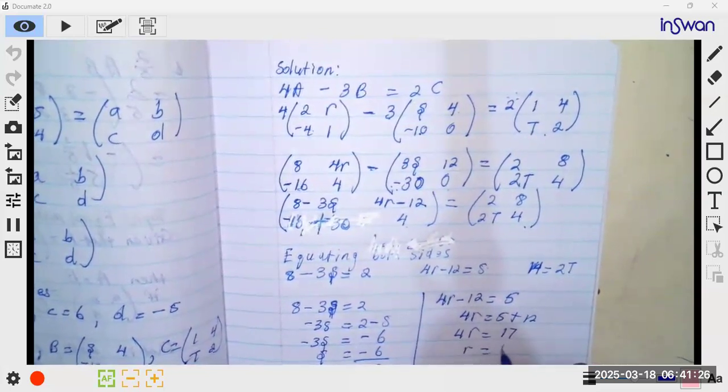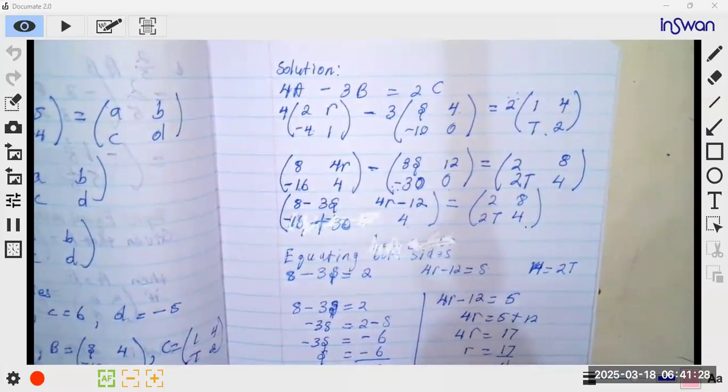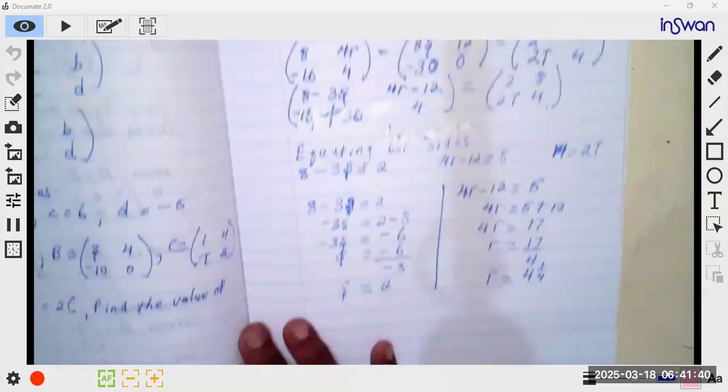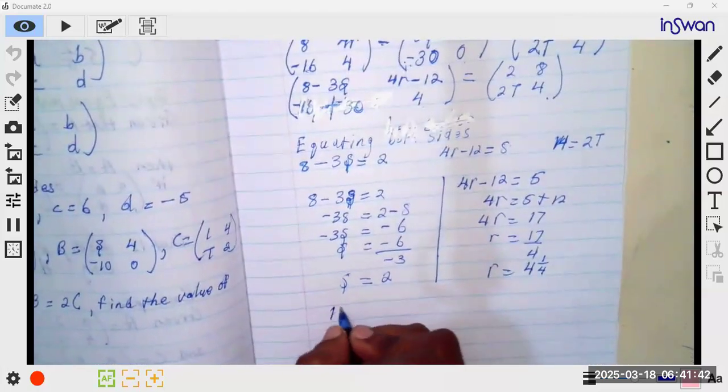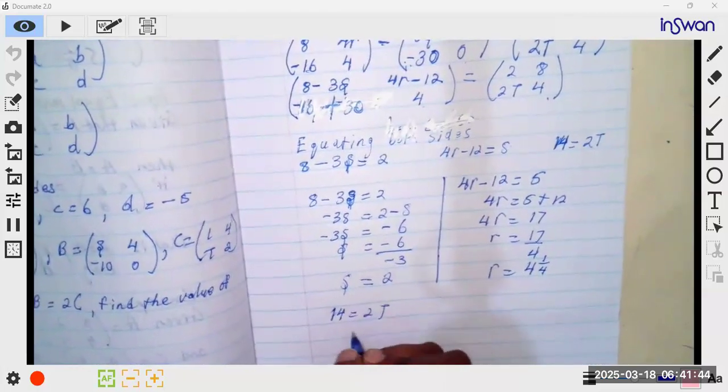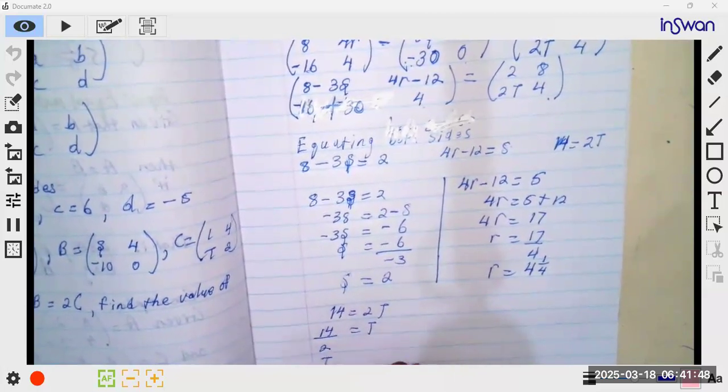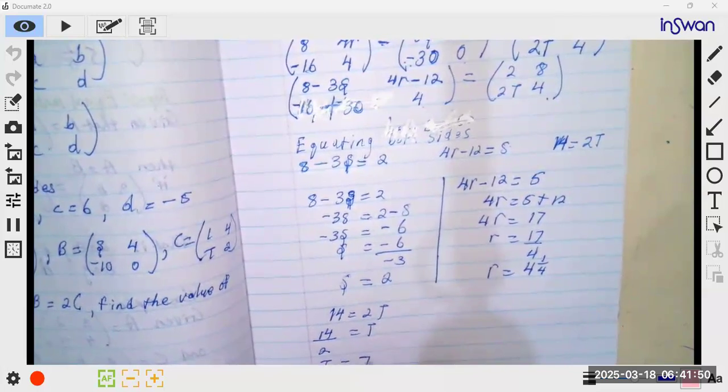So r is 17 divided by 4. Your r value will end up becoming 4¼. And the last one, 14 equal to 2t. So if you want to find the value of t, it will be 14 divided by 2. So t is equal to 7.